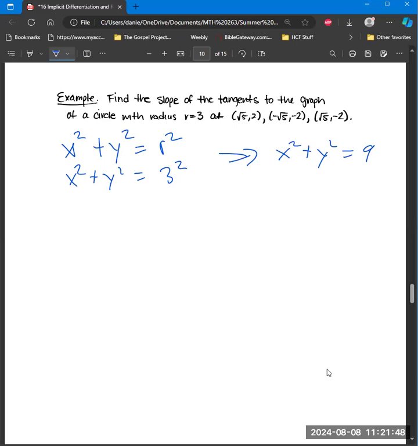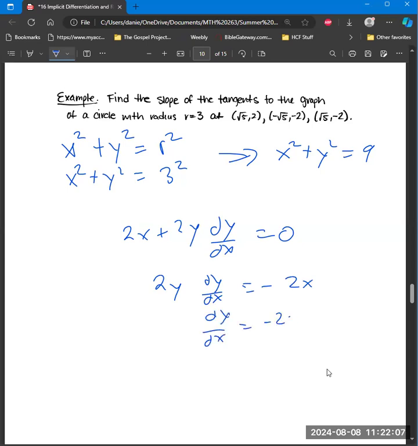Let's go ahead and differentiate implicitly here. So that's 2x + 2y dy/dx is equal to 0. 2y dy/dx is equal to negative 2x. And dy/dx is equal to negative 2x over 2y, which is negative x over y. dy/dx is negative x over y.